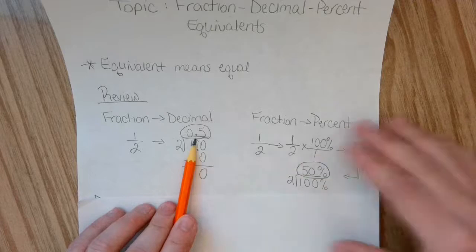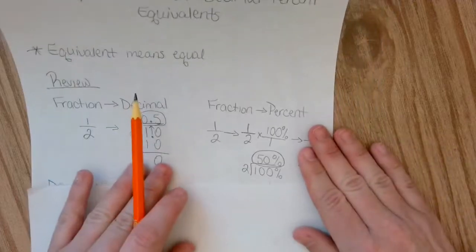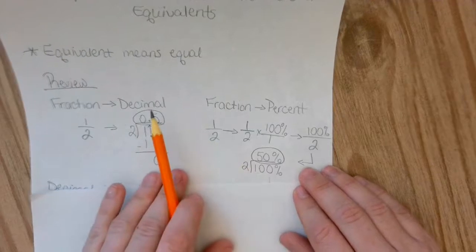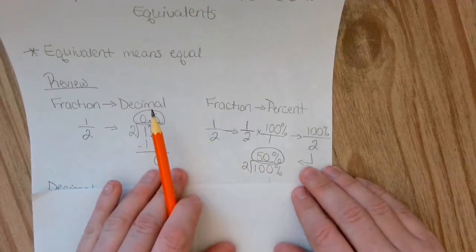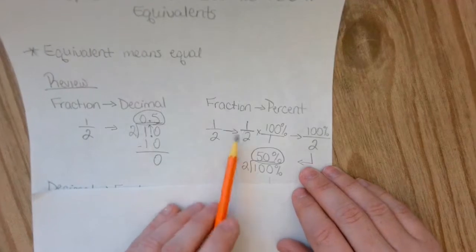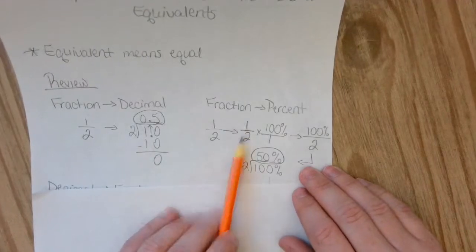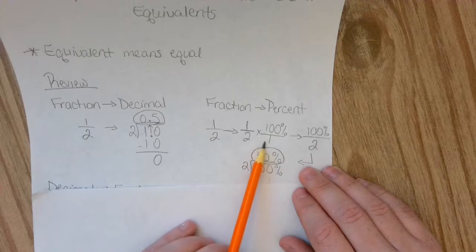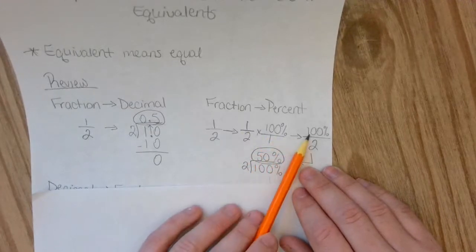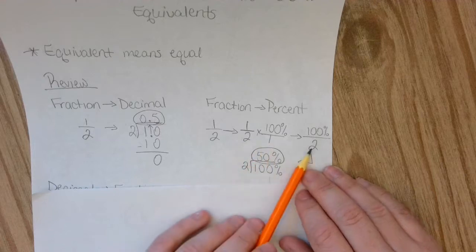And you're done. Now a fraction to a percent. This is the easiest way, I think, to do this, and this is the way that I just taught you a few lessons ago. So you multiply the fraction by 100% over 1. So 1 times 100% is 100. 2 times 1 is 2.